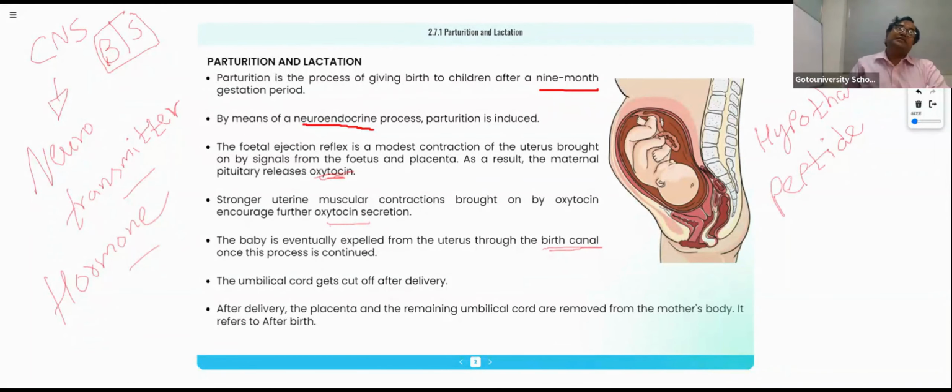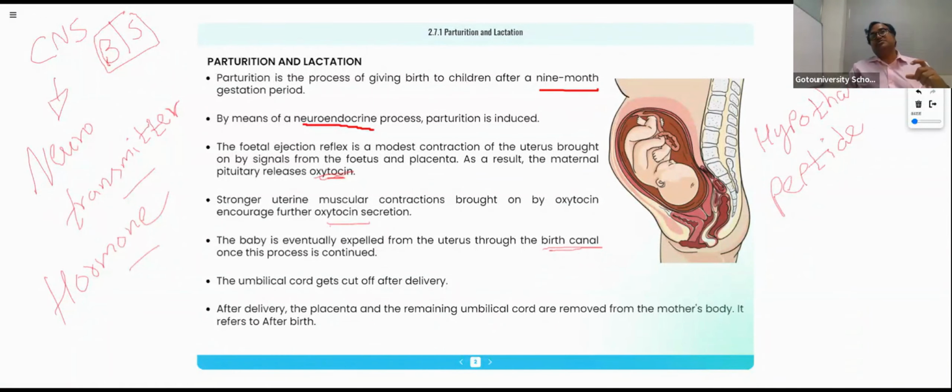Now the birth canal is also called the cervical canal. Through that the baby comes. For some women, the cervical canal has a small diameter. In that case, we can increase the birth canal diameter by a surgical process. It is a part of infertility treatment, right? For some females it has a short diameter, for some females it has a good diameter.